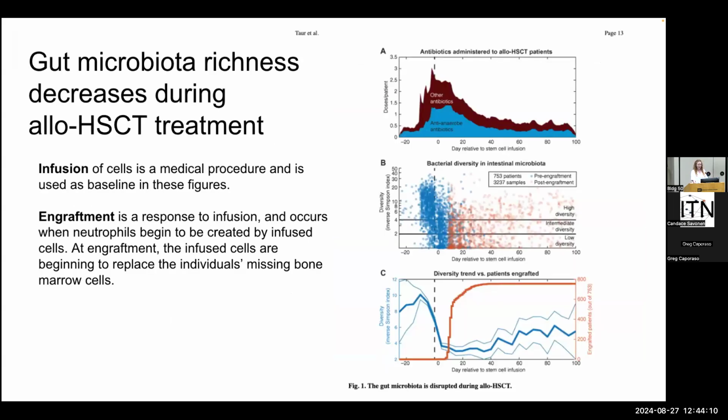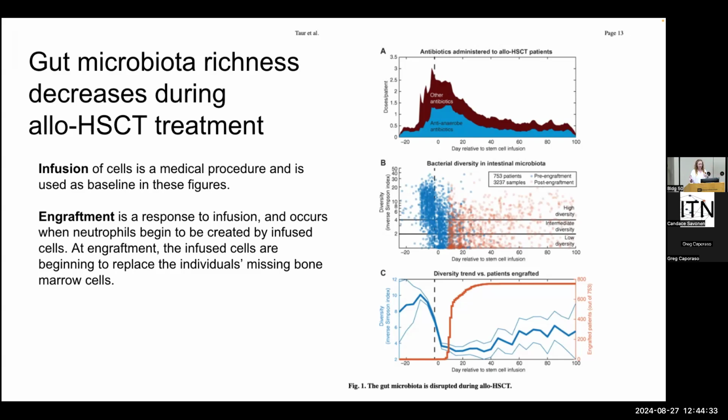Okay, so this is from that first study. Before we go over our super cool graphs, two things I want to cover are the difference between infusion and engraftment. Infusion is the actual medical procedure where the donor stem cells are given to the recipient.